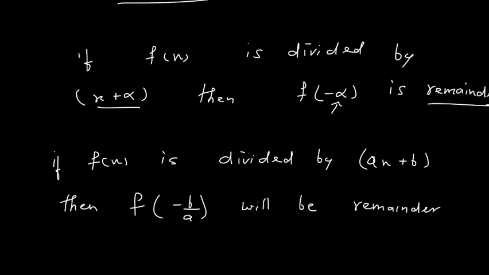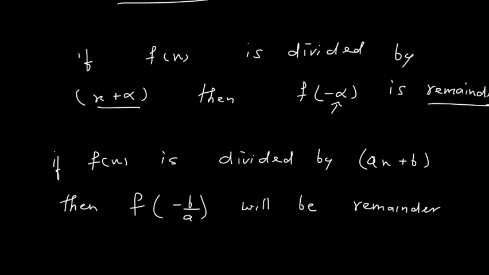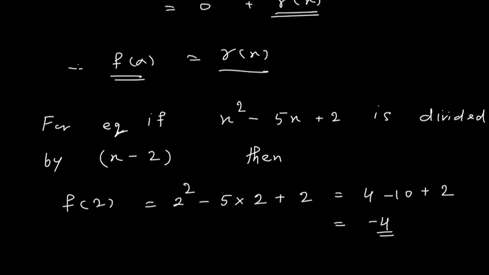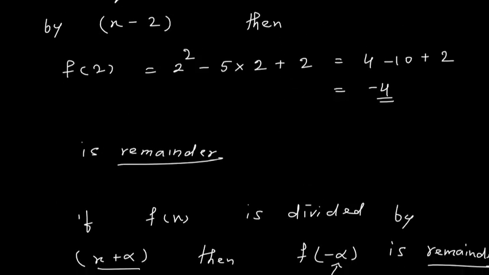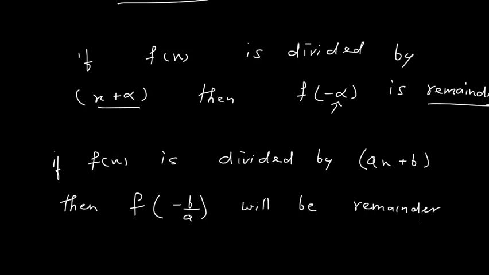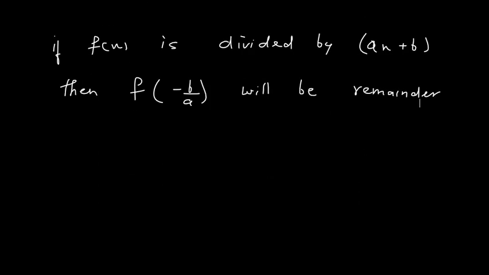When ax plus b is equated with 0, I will get x as minus b by a. So you remember this: when you divide by x minus alpha, f of alpha will be the remainder. When you divide by x plus alpha, then f of minus alpha will be the remainder, and when you divide f(x) by ax plus b, then f of minus b by a will be the remainder.